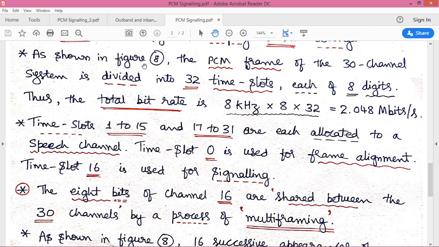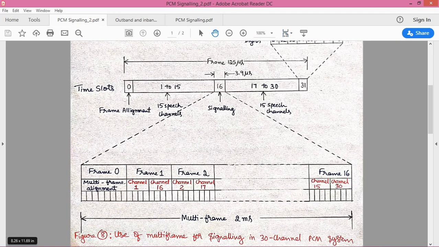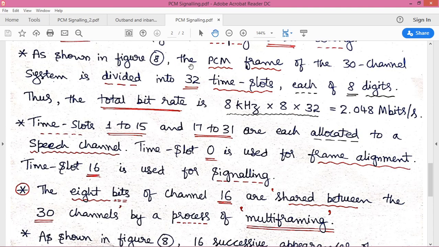So as shown in figure 8, that is the PCM signaling frame. With respect to this figure 8, the PCM frame of the 30 channel system is divided into 32 time slots. We know that 30 channels are used in our PCM frame for sending speech signals.